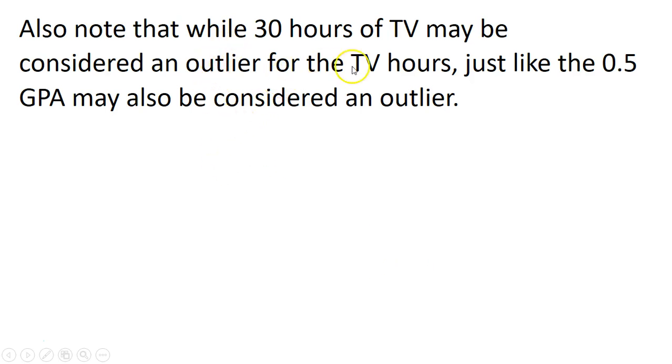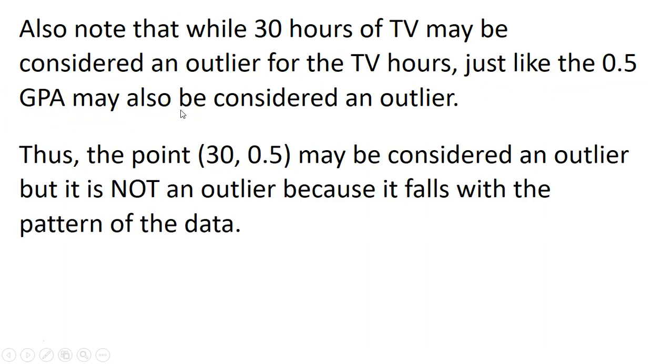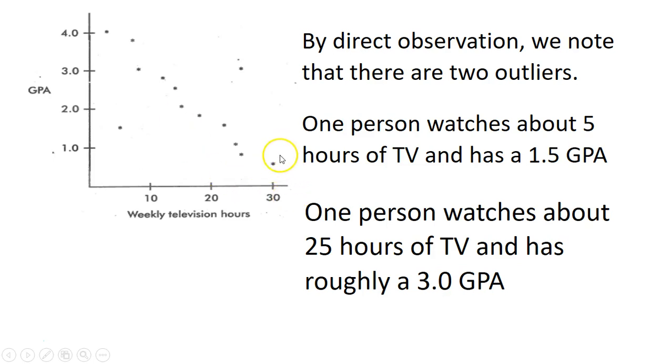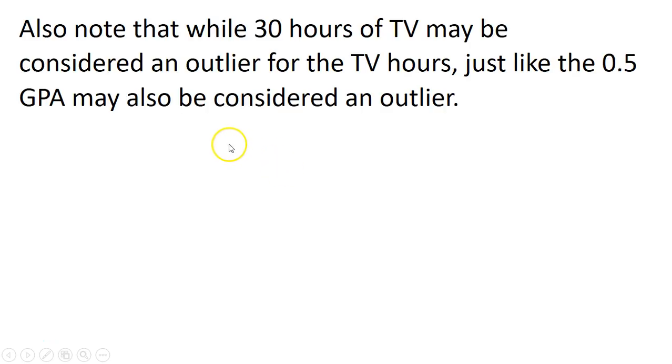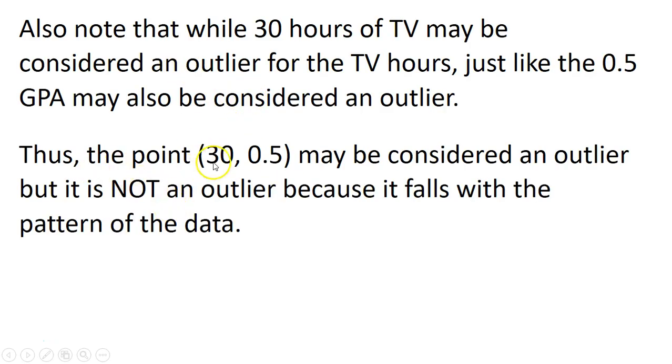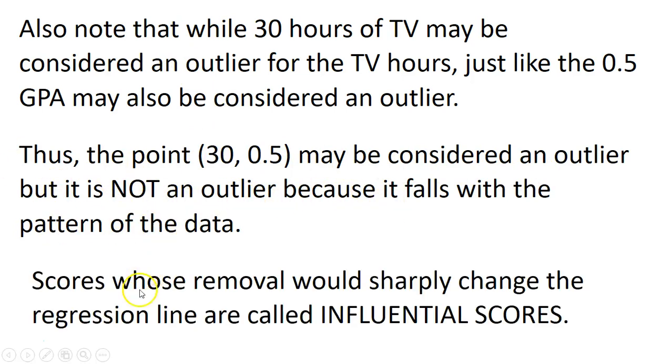Also note that while 30 hours of TV may be considered an outlier for the TV hours, the 0.5 GPA may also be considered an outlier. What they're saying is maybe this is an outlier, or maybe that is an outlier as well. But they just don't appear to be, because they're also in that regression. The 30 hours, 0.5 may be considered an outlier, but it is not an outlier because it falls within the pattern of the data.